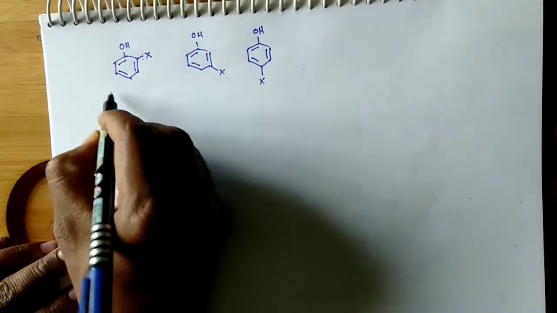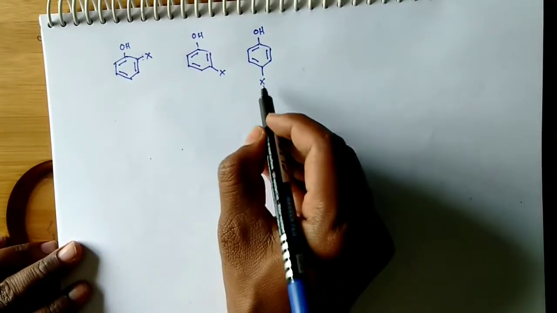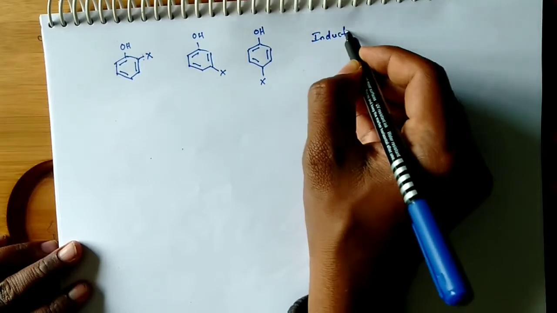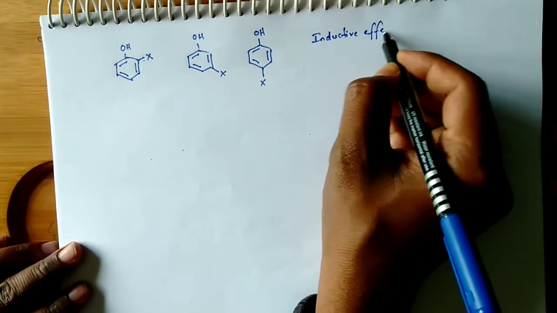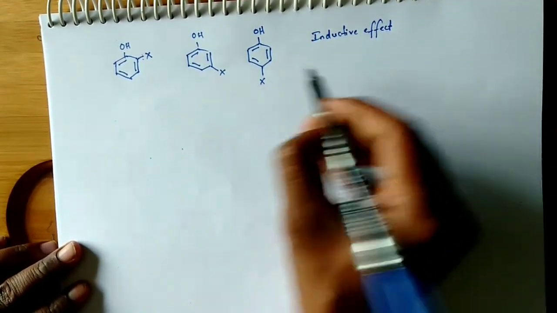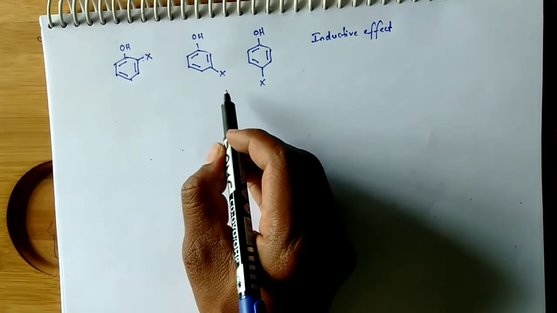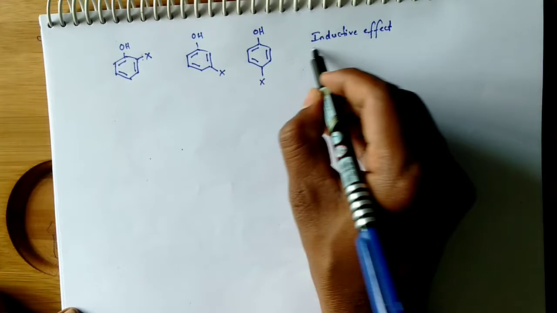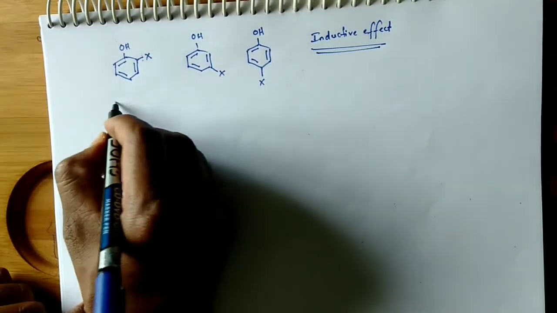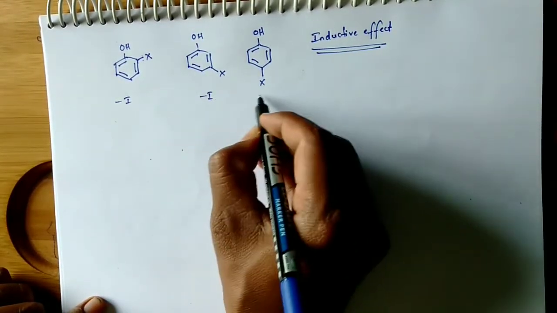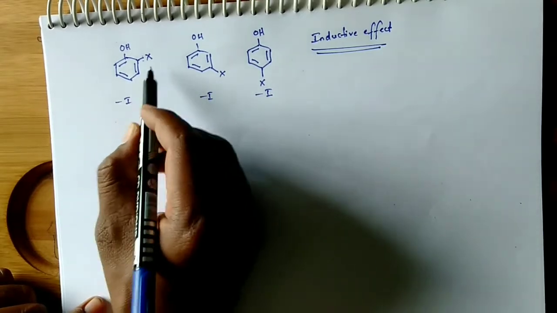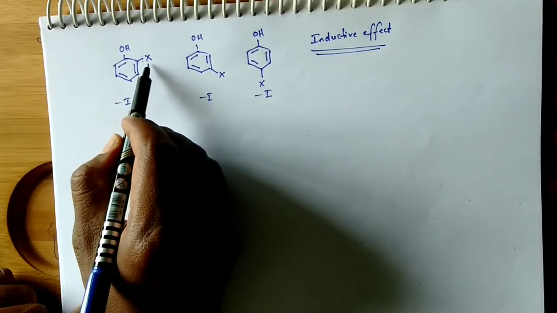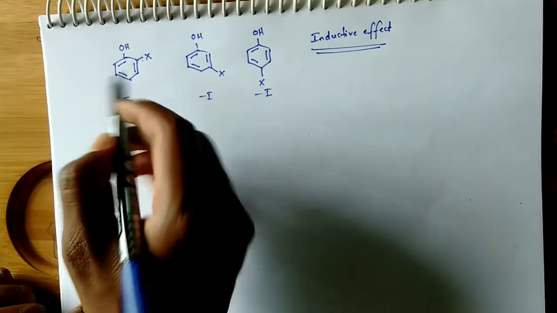Okay, in these three cases we'll consider that only the inductive effect predominates for halogen. Of course these halogens can act as a plus R group also, a plus R minus I group, but here the inductive effect predominates, so we will consider only the minus I effect. Where the distance between the negative charge and the minus I group is less, the minus I effect is more.